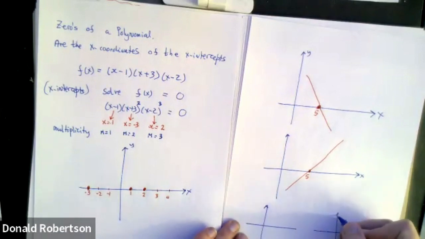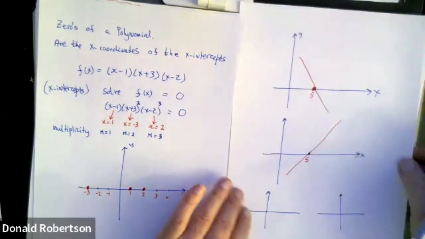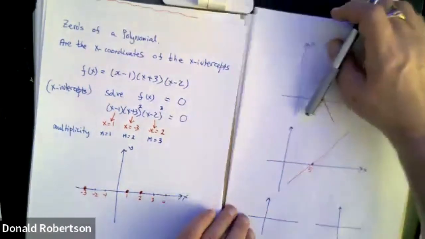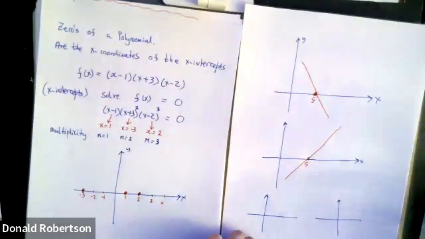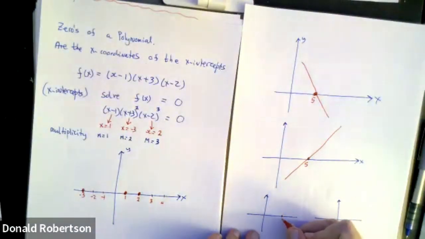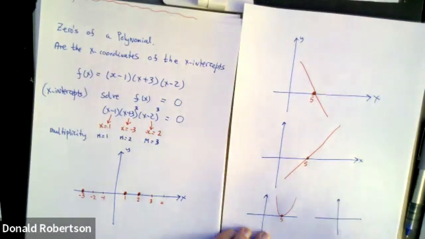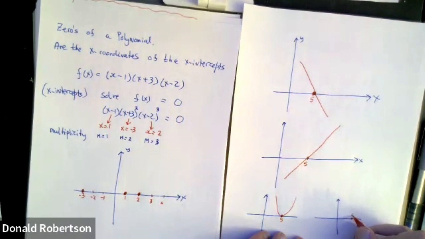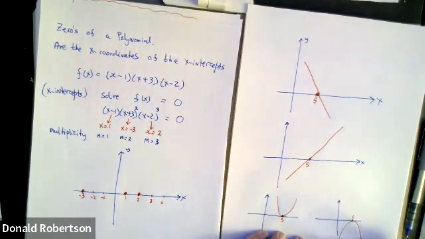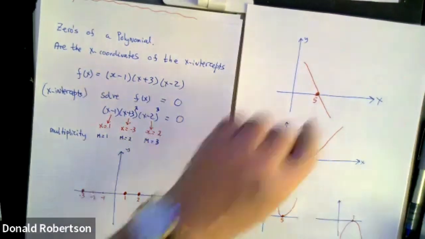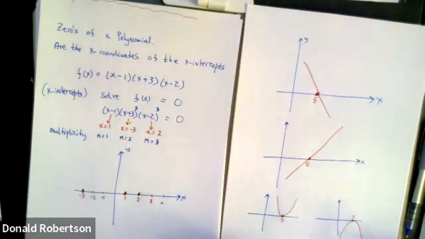Or I could get these last two situations. I could get an x-intercept at 5 that goes like that. And I could get an x-intercept at 5 where it does that. Each of these are possibilities.